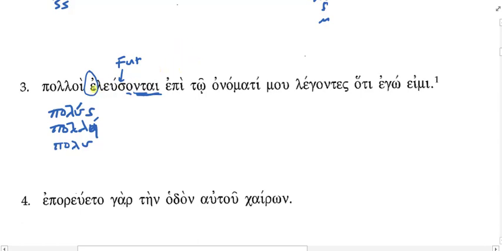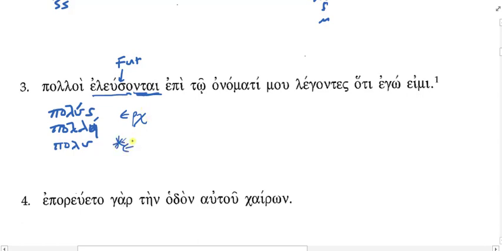It can't be an augment because augments indicate that this is a past time action and it has to use secondary endings, but the ending is primary here. Okay? So the epsilon must be part of the stem. And in fact, it is. This is from what lexical form? It's from erchomai. This is the future of erchomai.